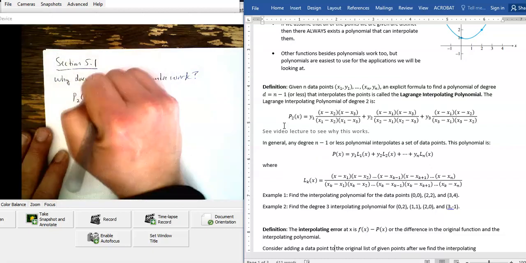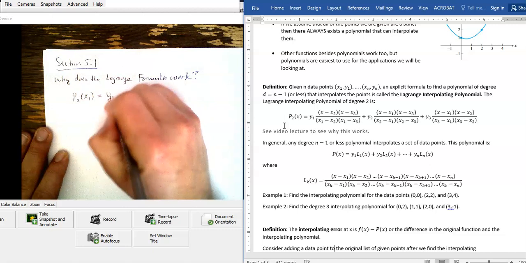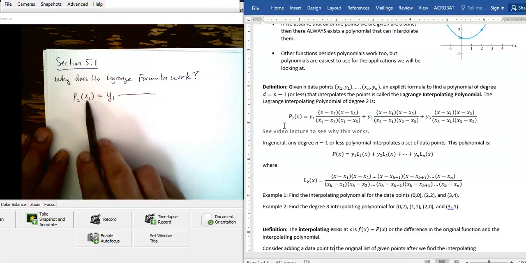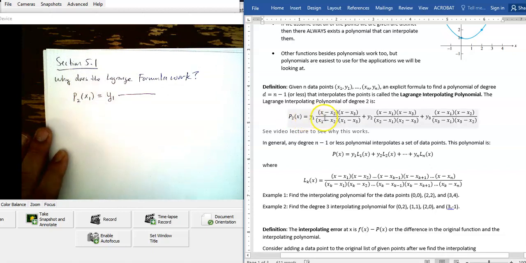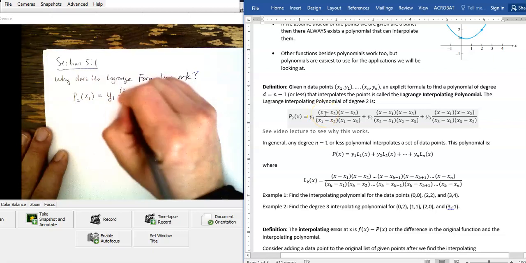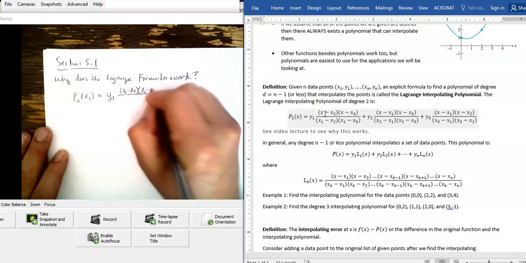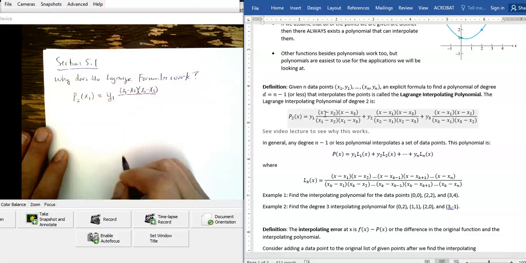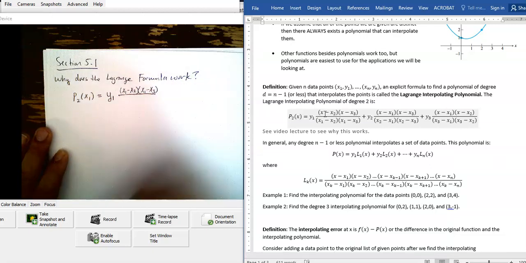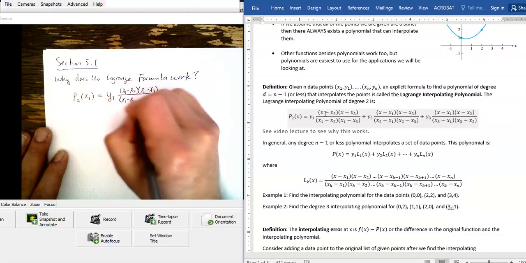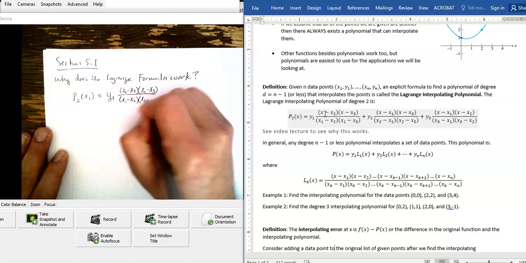So if we use our formula, we'll have y1 times, again, we're evaluating at x1, so all of our x's will become x1s. So we'll have x1 minus x2 and x1 minus x3, over, downstairs all of these x1s and x2s are known, so these are not variable, they stay the same: x1 minus x2 times x1 minus x3.